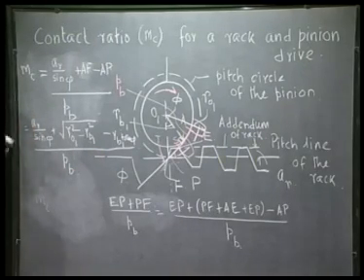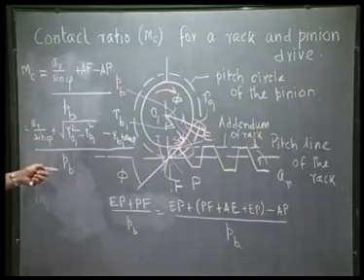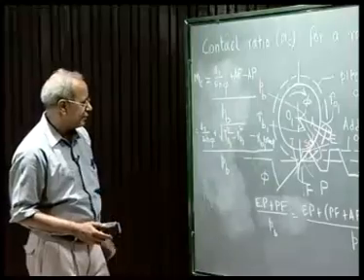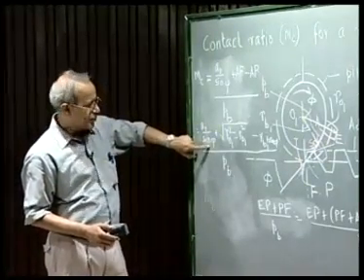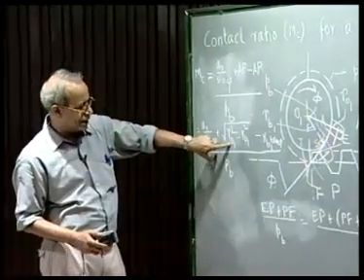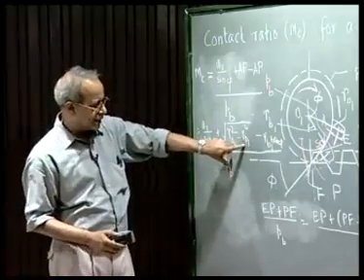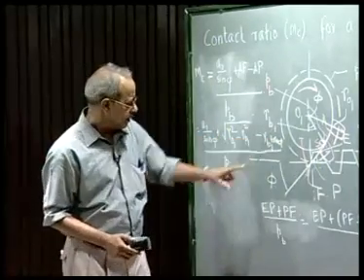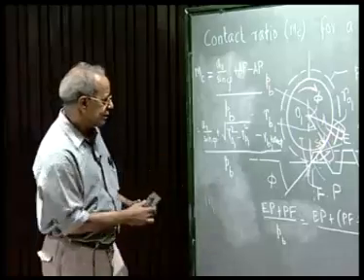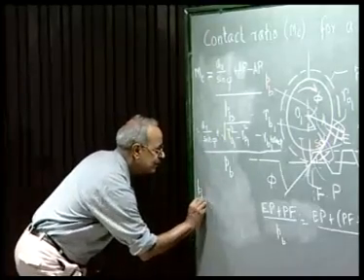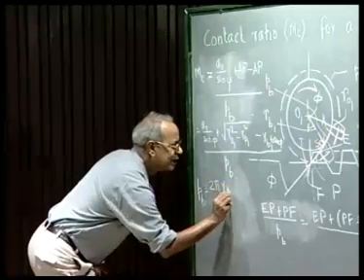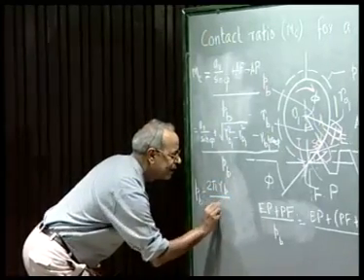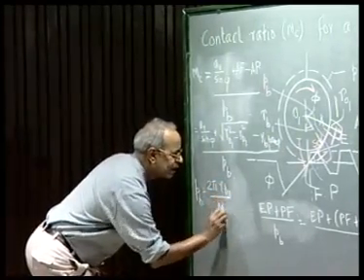So finally we have got the expression for the contact ratio for a rack and pinion drive involving the addendum of the rack, operating pressure angle, outer radius of the pinion, base circle radius of the pinion, and the base pitch, which is PB, nothing but 2 pi RB1 divided by N1.